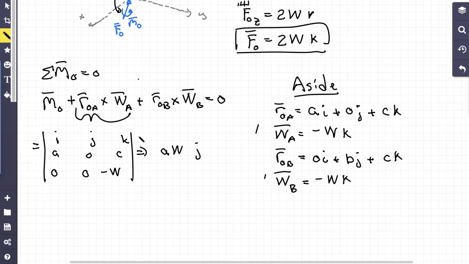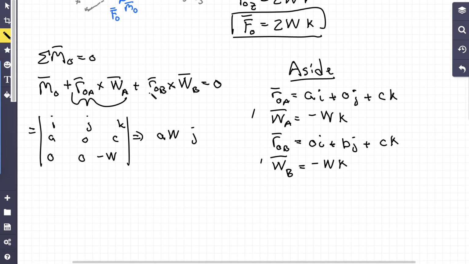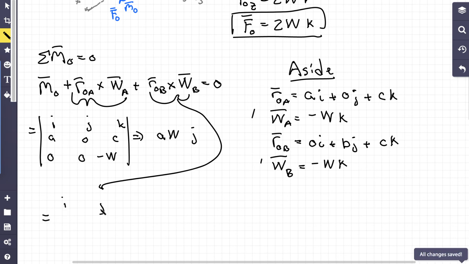Next, similarly, we can say the same thing with i, j, and k. What's R OB? That's 0, B in the j, and C in the k, and again the force is 0, 0, and negative W. What does that turn out to be?